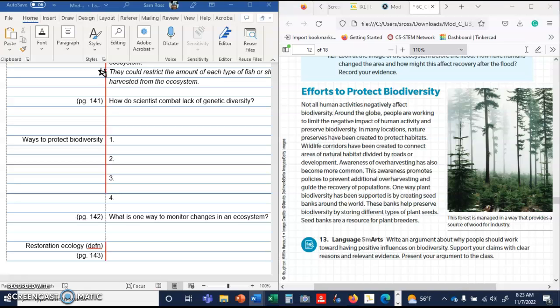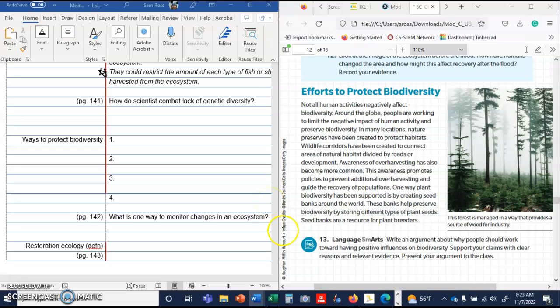That's only 3. Let's see. Nature preserves. So the first one should be nature preserves to protect habitats, wildlife corridors to connect natural habitats, awareness of overharvesting, and creating seed banks around the world. So those are the 4.